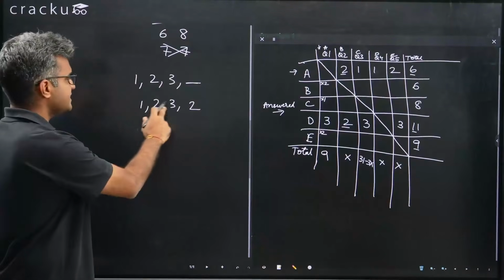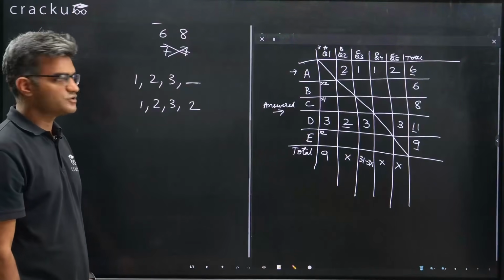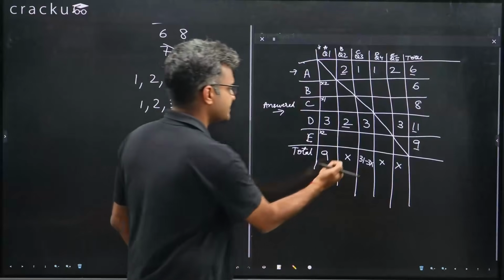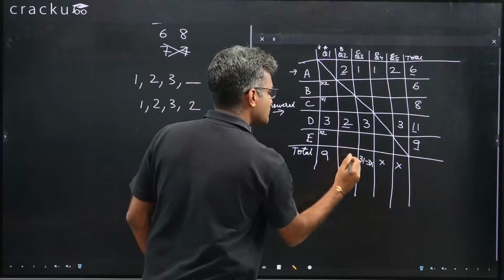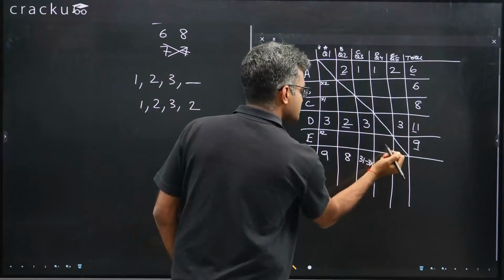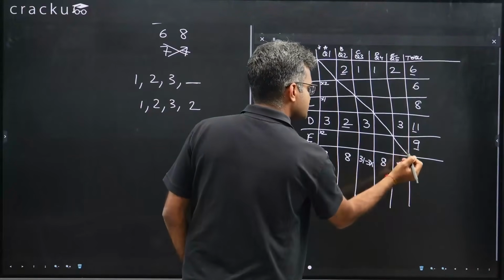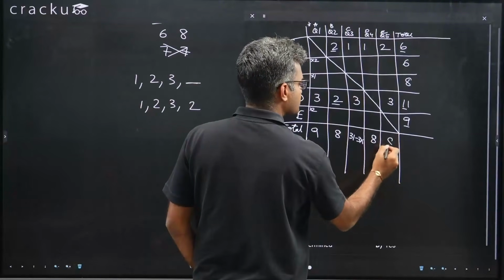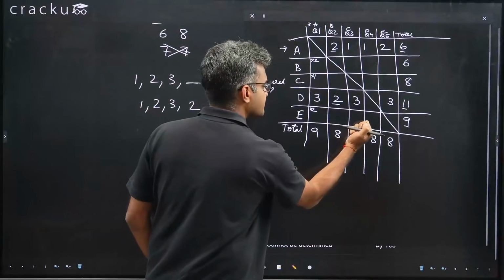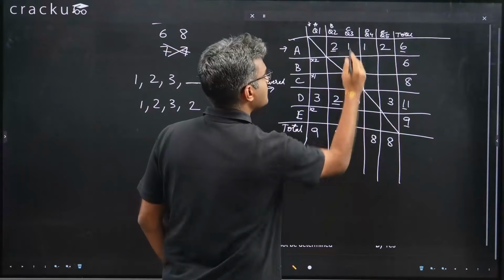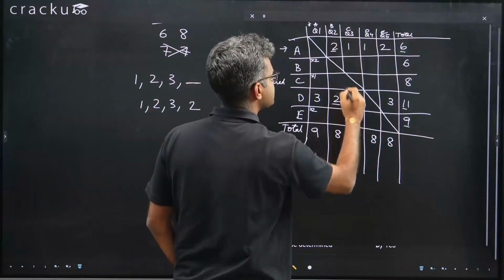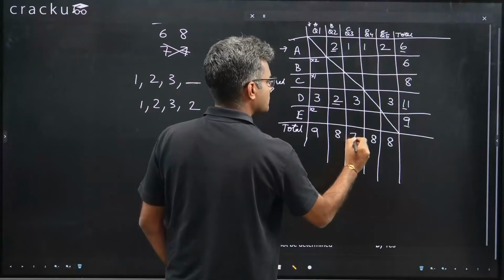So the total is 1 plus 2 plus 3 plus 2, which is 8. So x has to be equal to 8. This also has to be 8, this also has to be 8. Similarly, what is the value of 31 minus 3x? 31 minus 3x will therefore be equal to 7.